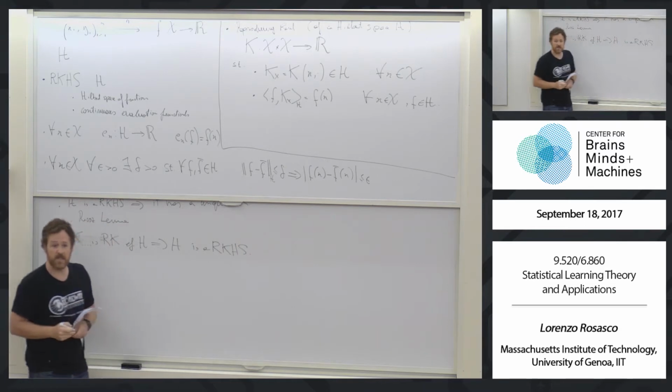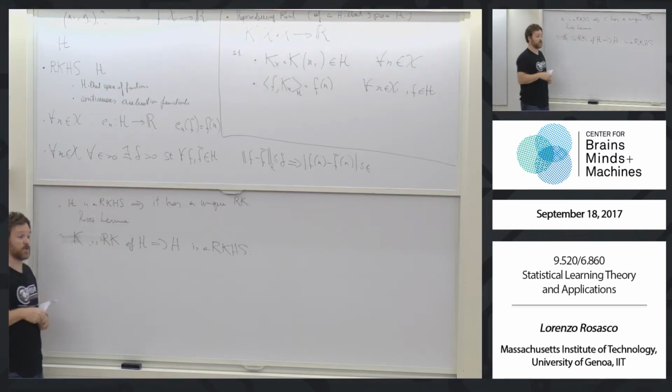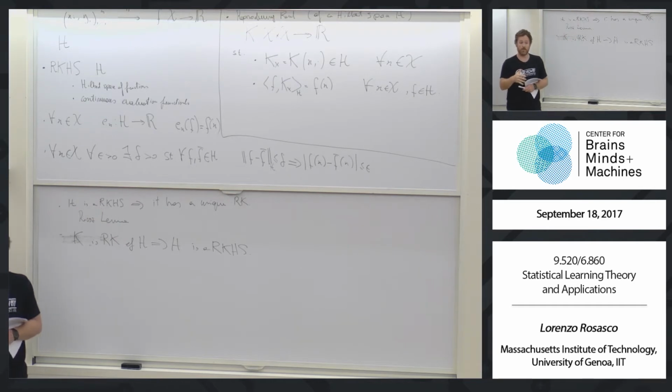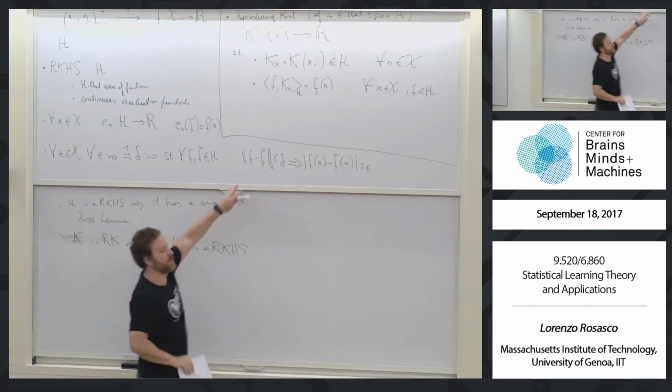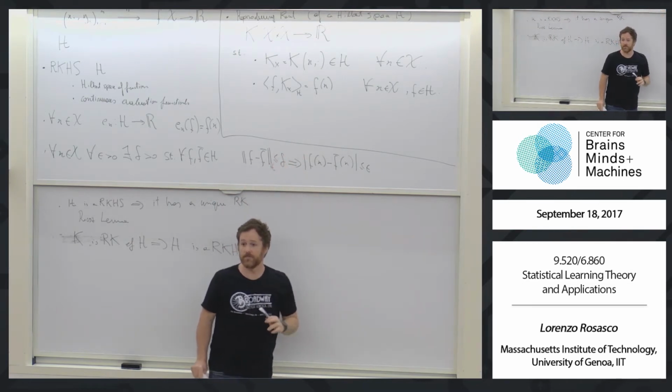The proof of this second statement is elementary, and that's what we showed. Basically, once you assume that you have a reproducing kernel, this gives you the evaluation functionals, and you can check that they are continuous.